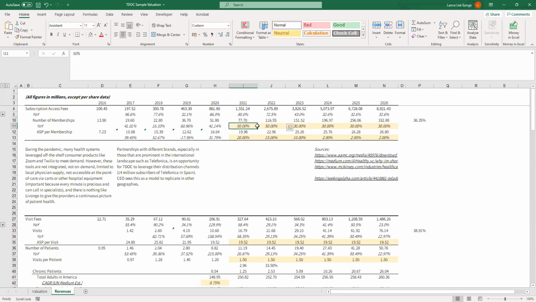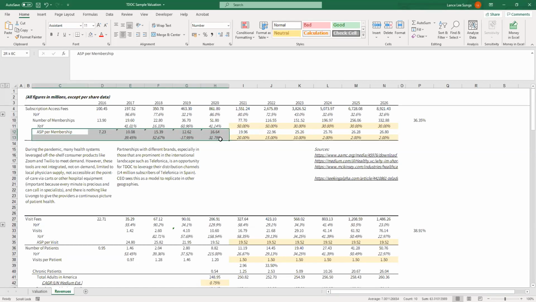It's really just a ballpark figure. Now, looking at how many hospitals, how many doctors aren't under Teladoc's platform yet, and then transforming it into this one. And then I also projected the average selling price per membership, right?